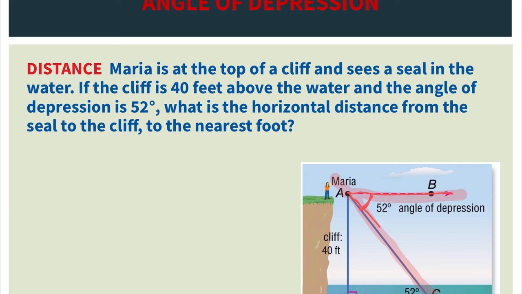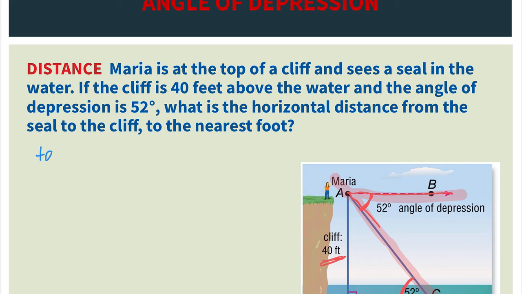Those in turn would be alternate interior angles. And so this angle down here at C is also 52 degrees, and that's where that 52 comes from. And then we know that the height of the cliff is 40. So we need to know this distance down here at the bottom. We know the opposite, and we're trying to find the adjacent.